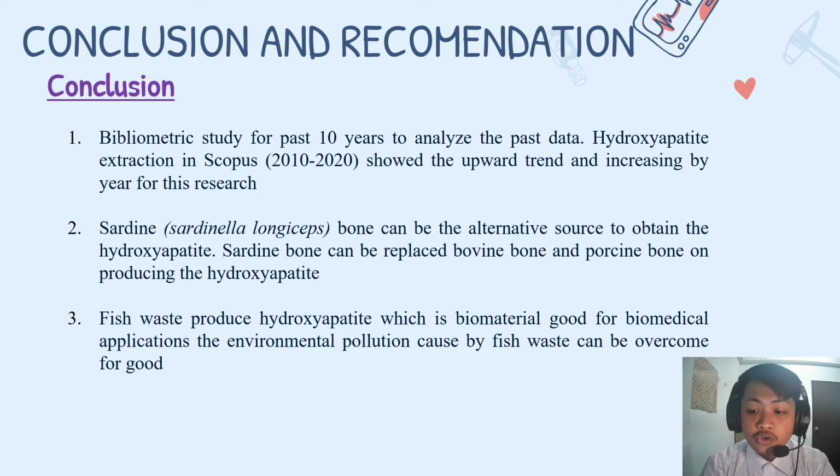Sardine bone also can replace bovine and porcine bone in producing the hydroxyapatite. Last, since the fish bone produces the hydroxyapatite, which is a biomaterial good for biomedical application, the environmental pollution caused by the fish waste can be overcome for good.